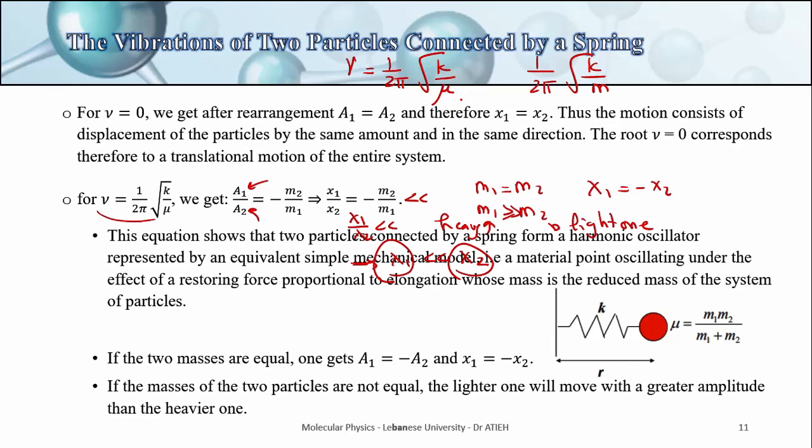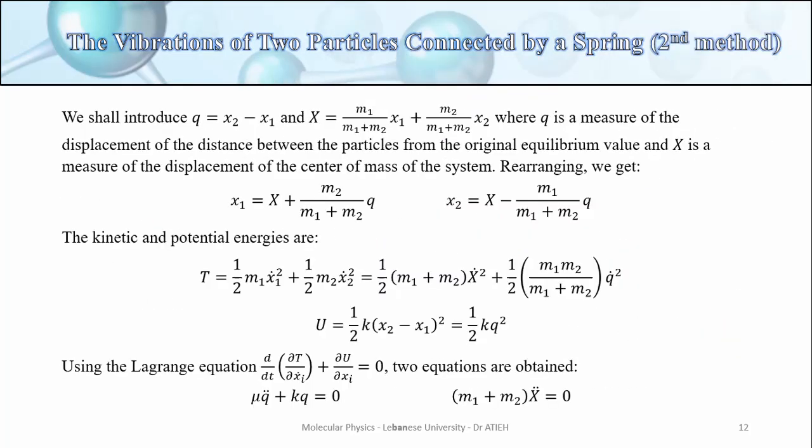of particles. So without taking the whole system as two particles and studying it in detail, we consider it as one particle with mass mu. This is a second method to study the vibration of two particles connected by a spring. All you are going to do is replace our coordinates x1 and x2 with the new coordinates q and x. Let's introduce q, which is equal to x2 minus x1.